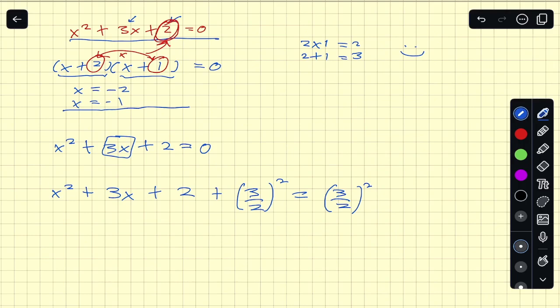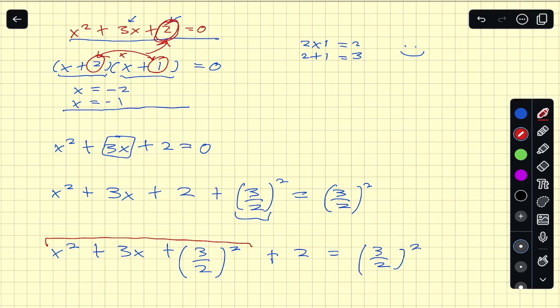I'm now going to rearrange this to be x squared plus 3x plus 3 over 2 squared, and then I can move my 2 over here so it's still there. Then I'm going to focus purely on this part.